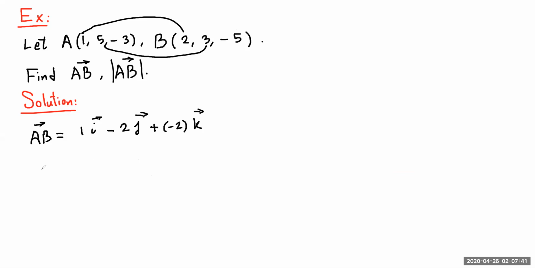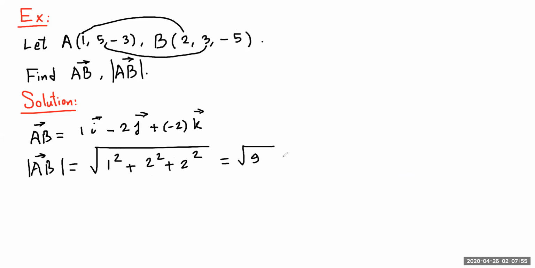This is vector AB. Now, length AB, using the formula, root 1 power 2 plus minus 2 power 2 plus minus 2 power 2. So it's root 9, so it's 3.